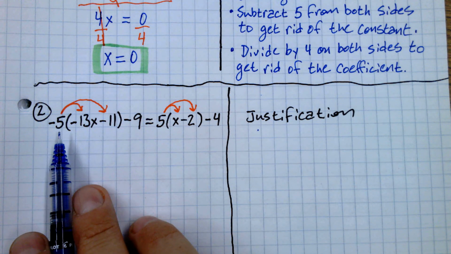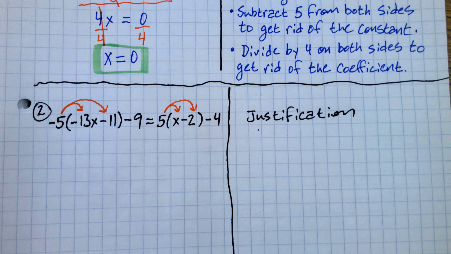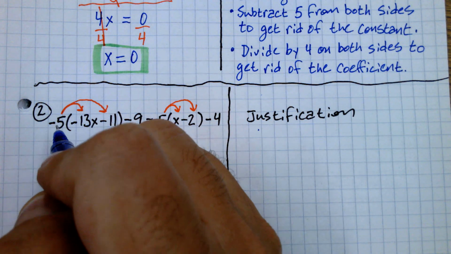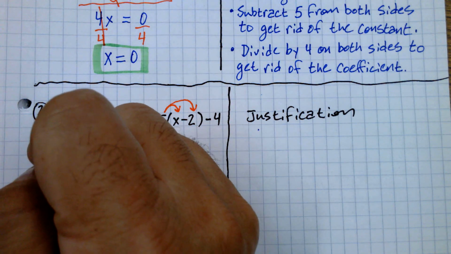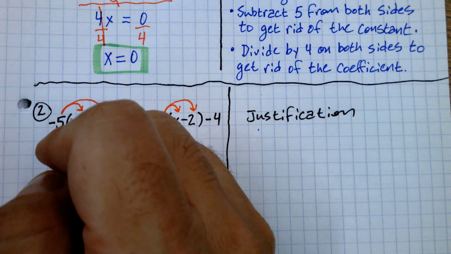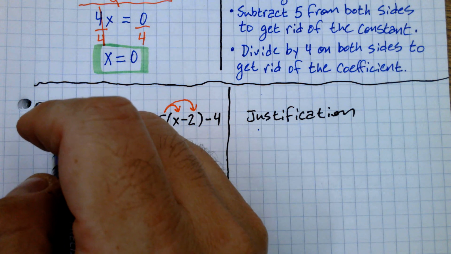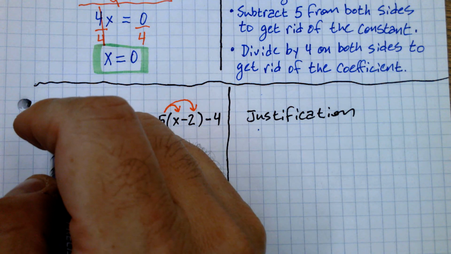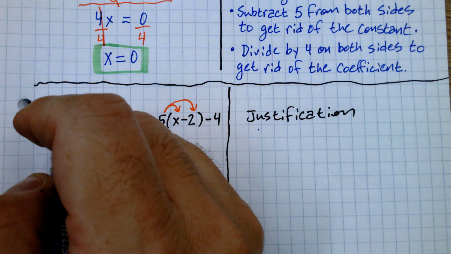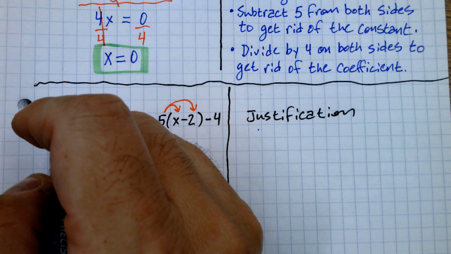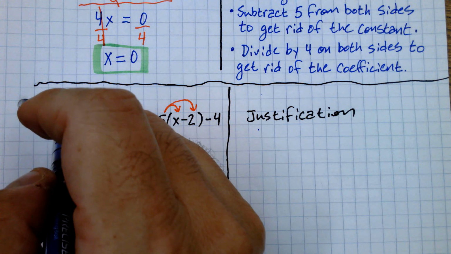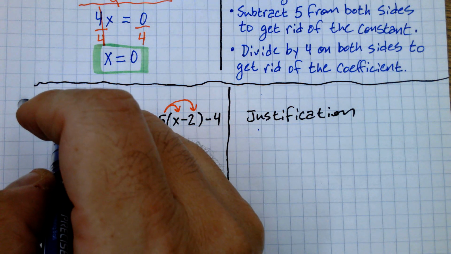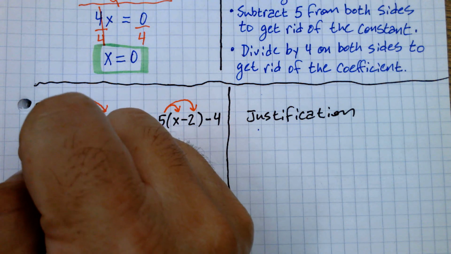We're going to multiply by negative 5 to negative 13x and minus 11. Let's see what that's going to be. So it's a negative times a negative. That'll be positive 5 times 13. How much is that? It's actually 50 plus 15, right? 65.